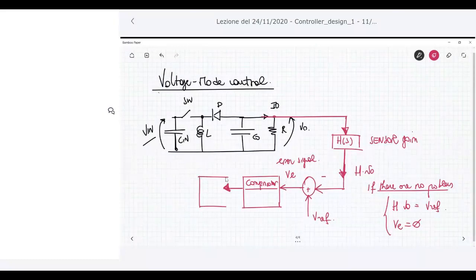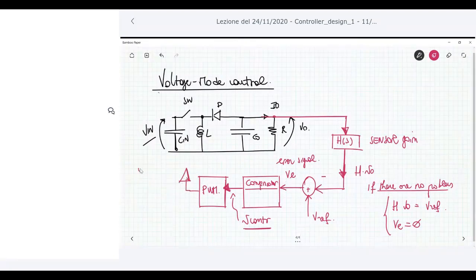The signal which is output by the compensator, and this can be the control signal, is the input of the pulse width modulator. The pulse width modulator is the circuit that has a control voltage as its input, and on the basis of this control voltage generates the correct duty cycle.